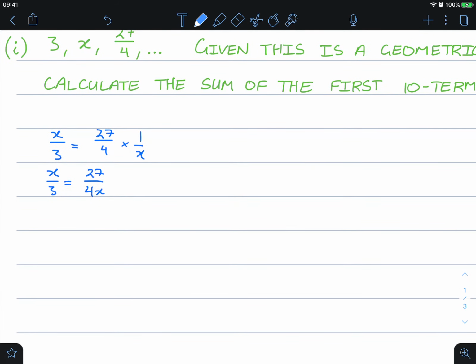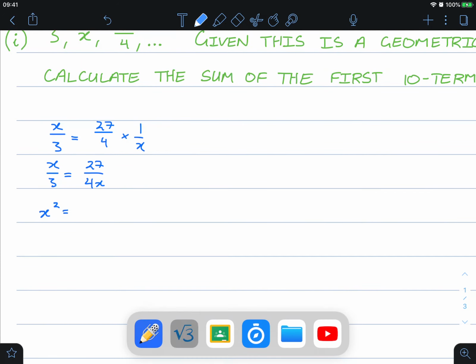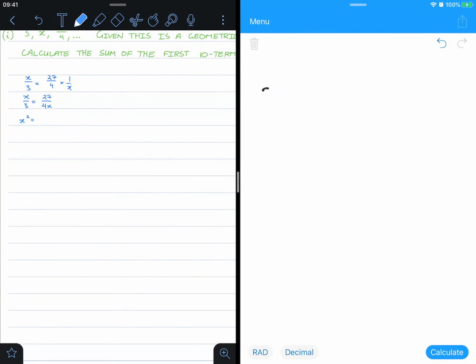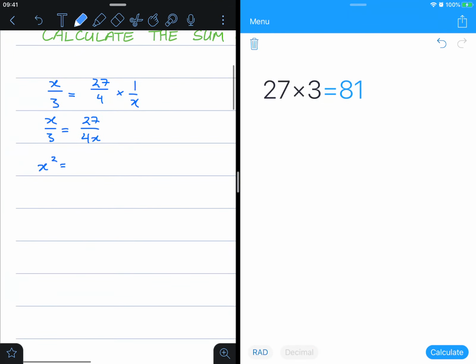Okay, cross multiplying this, we get x squared equals 27 times 3, which is 81, so we get 81 over 4.